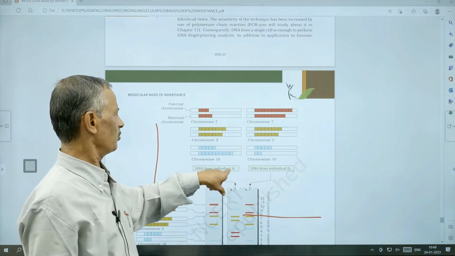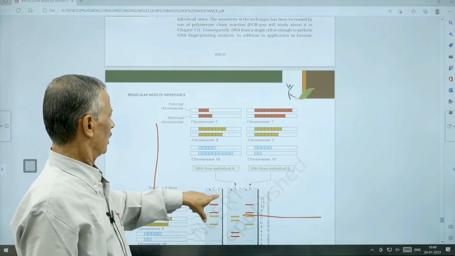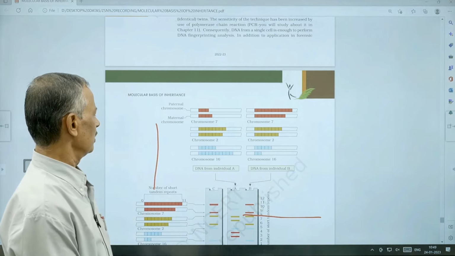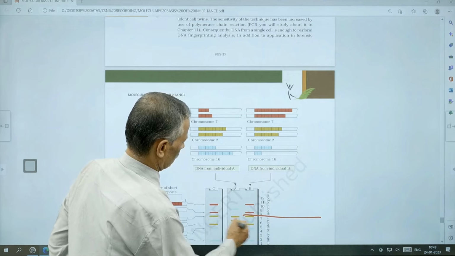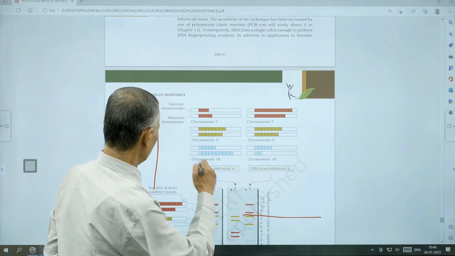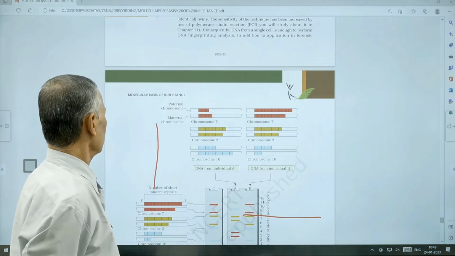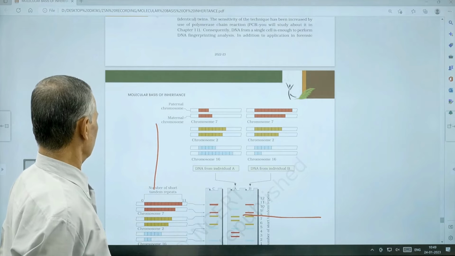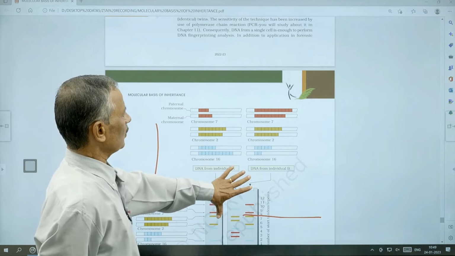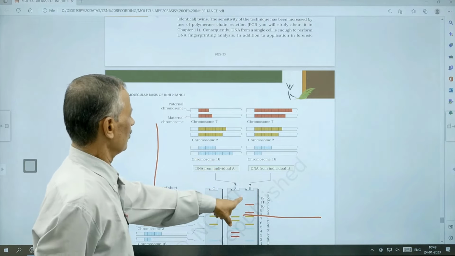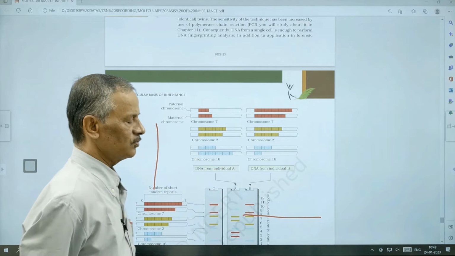So this is DNA from individual A, this is DNA from individual B. So you can see that B is more similar to that of C, in the number of short tandem repeats, their size, etc. So from this, we can identify that B is more similar to that of C.